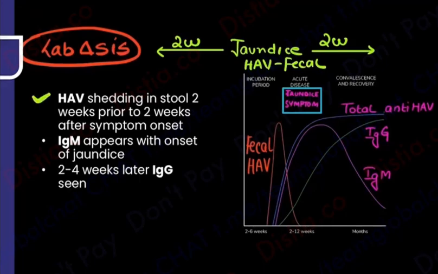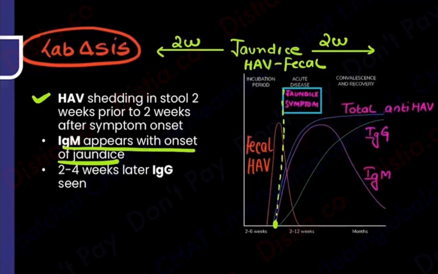Okay, for HAV, you have to see the antibodies IgM and IgG. As soon as the jaundice starts, can you see that there is an increase in your IgM antibody, right? Everyone can notice that as soon as the jaundice starts, there is going to be an increase in the IgM antibodies. And 2 to 4 weeks later, compare, where is IgG going to start off?